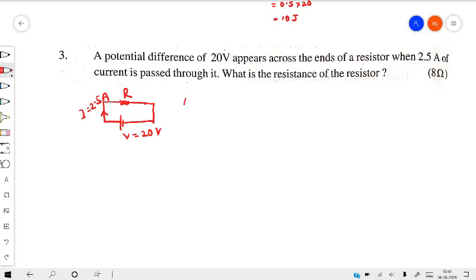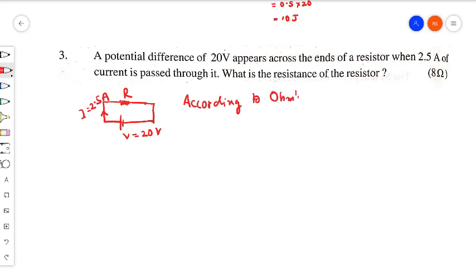So according to Ohm's law, we get V is equal to RI, where R is the resistance.